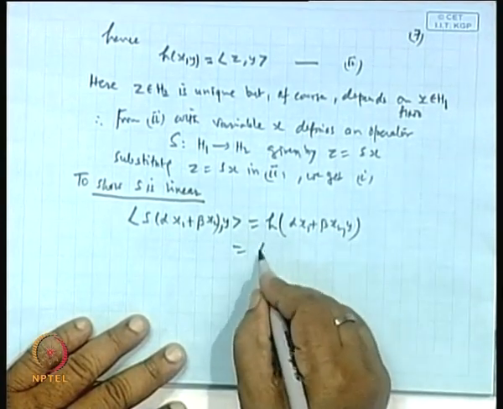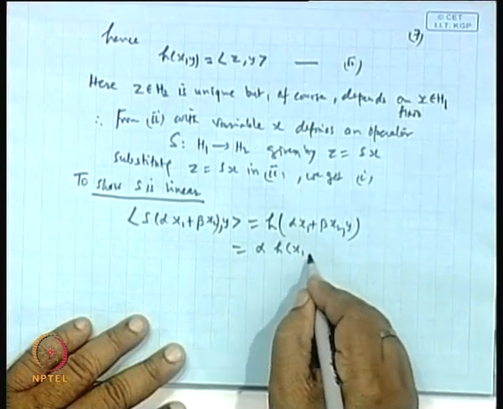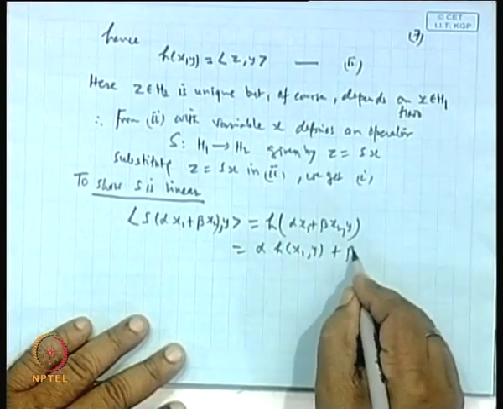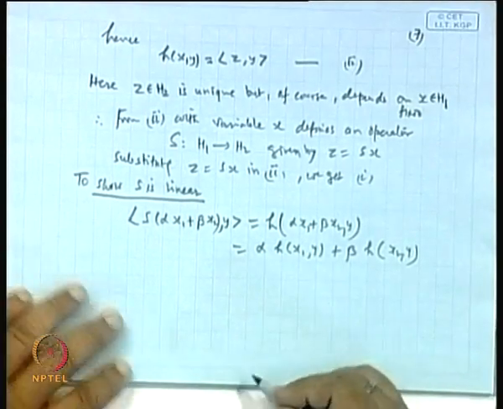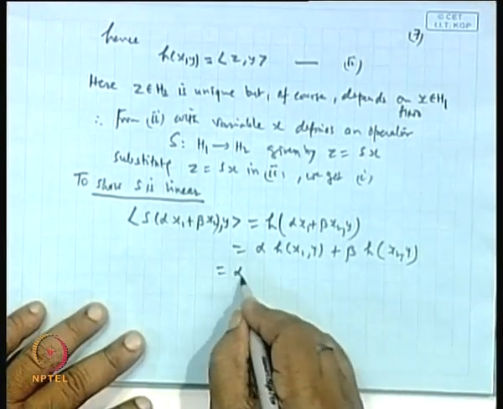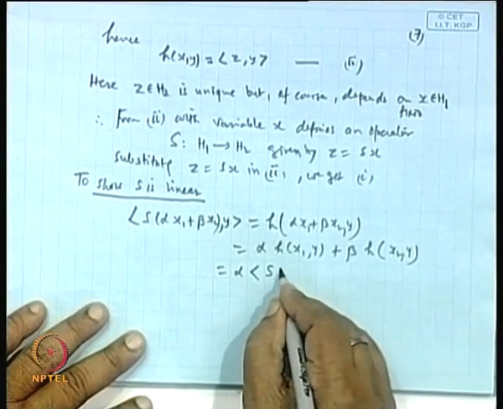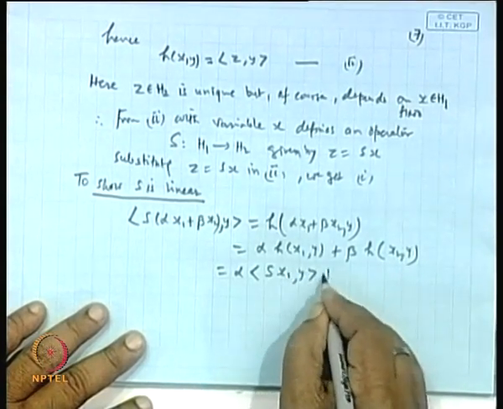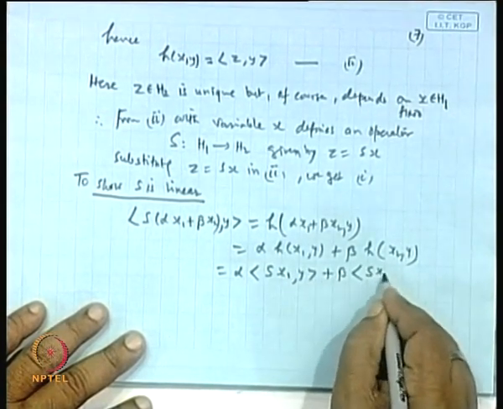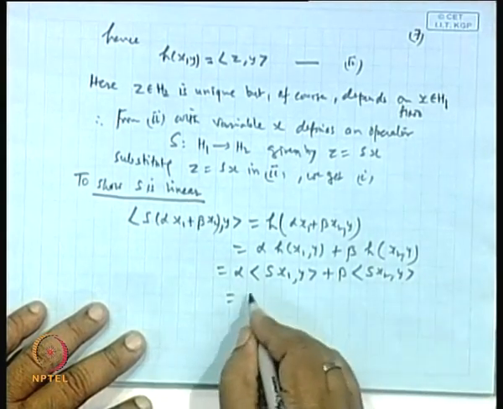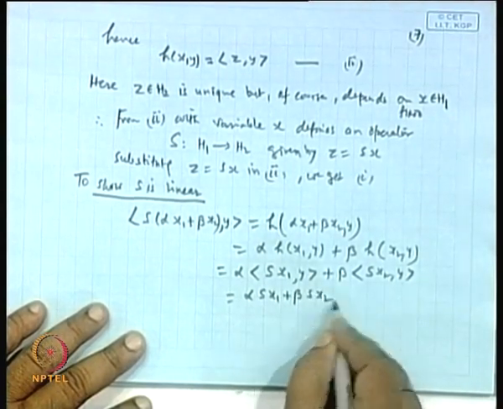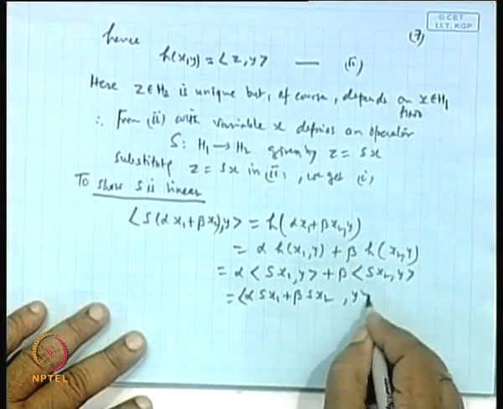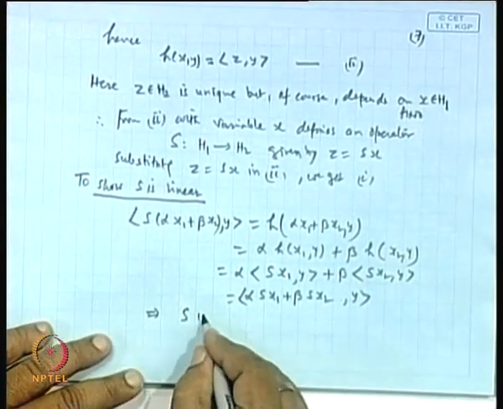But this can be written as α h(x1, y) + β h(x2, y), because h is linear. Then this will be equal to α inner product ⟨Sx1, y⟩ plus β inner product ⟨Sx2, y⟩, and this can be written as ⟨αSx1 + βSx2, y⟩, and this shows S is linear.